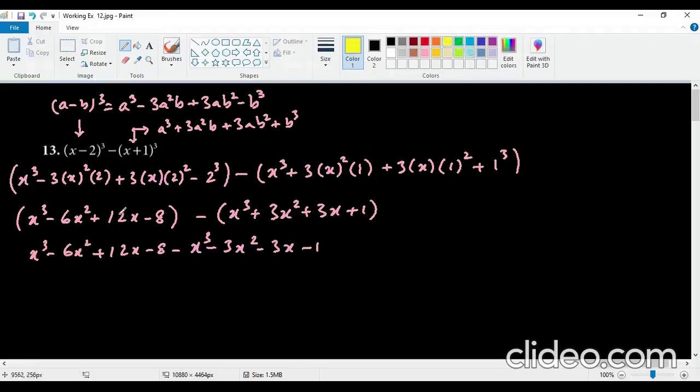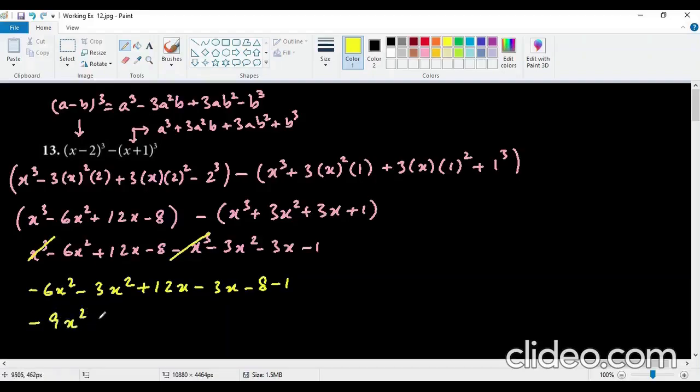And now you know very well this one and this one both can be cancelled, and minus 6x square and this minus 3x square is going to come from here, and plus 12x and minus 3x, and then minus 8 minus 1. So minus 6x square and minus 3x square is going to give us minus 9x square, and plus 12x minus 3x is going to give us plus 9x and minus 9 as an answer to this question.